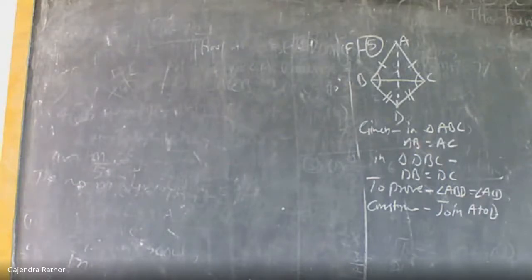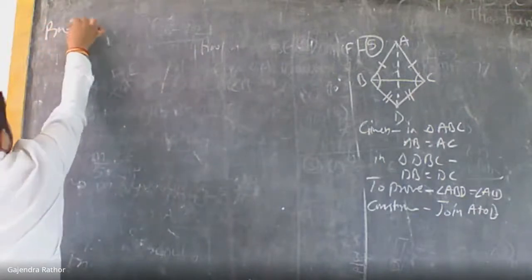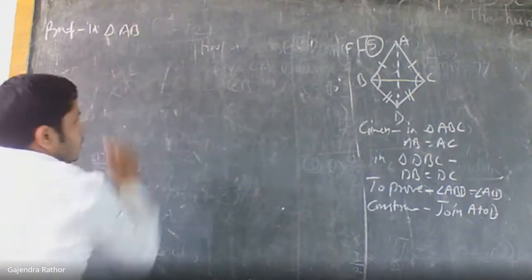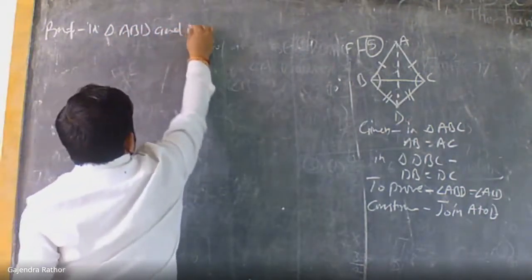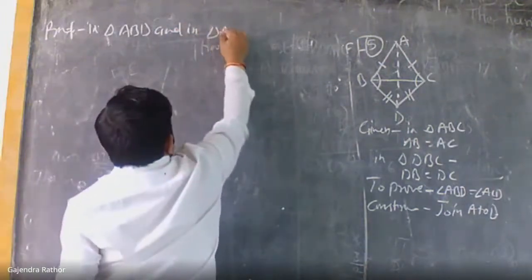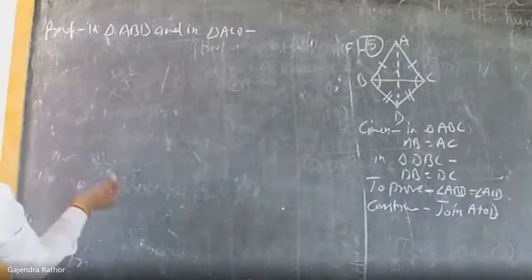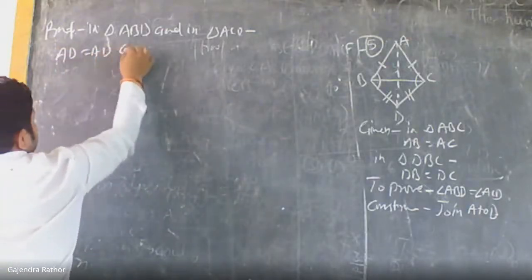Yes, correct answer is the following. Let's see. Now prove, in triangle ABD and in triangle ACD. First part, AD is common, so AD is equal to AD.